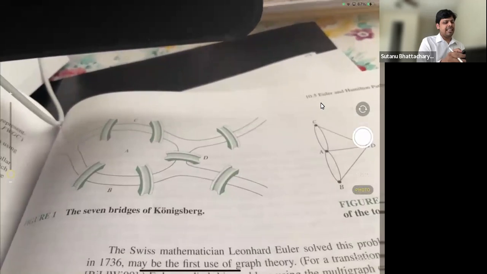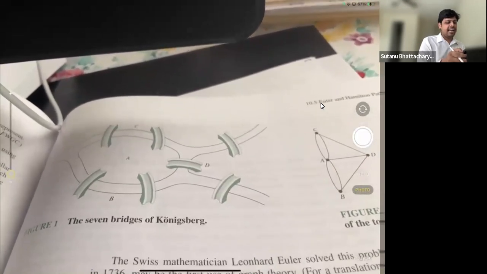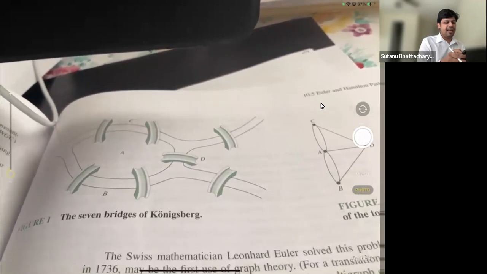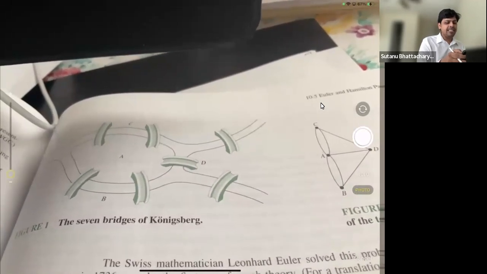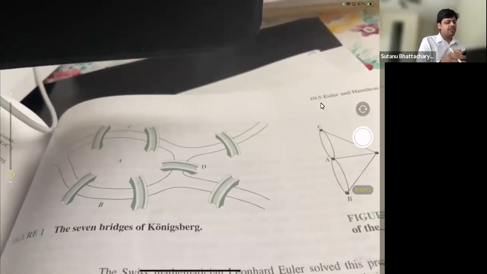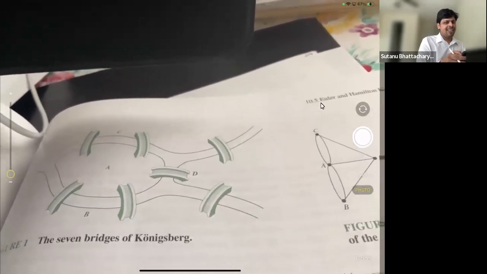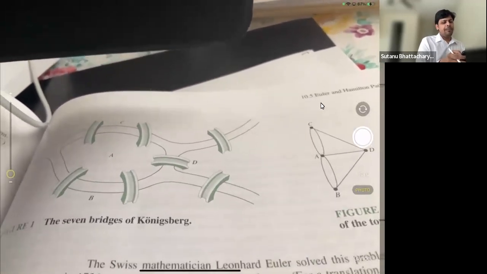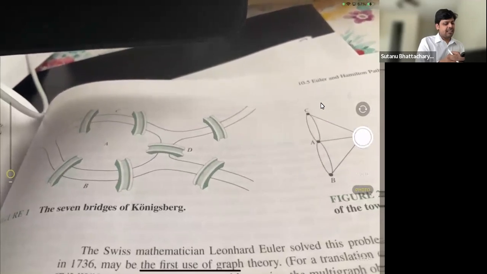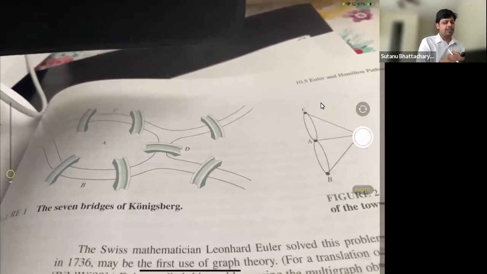Okay, this is one island. A, B, C, D, all are islands, and there is a river flowing around the islands, and there are some bridges. The green ones are bridges. The problem is called the Seven Bridges of Königsberg. It is in Russia. Around 1736, Euler proposed this solution.